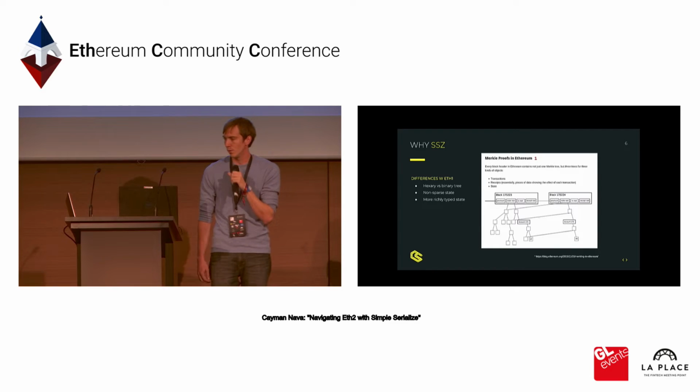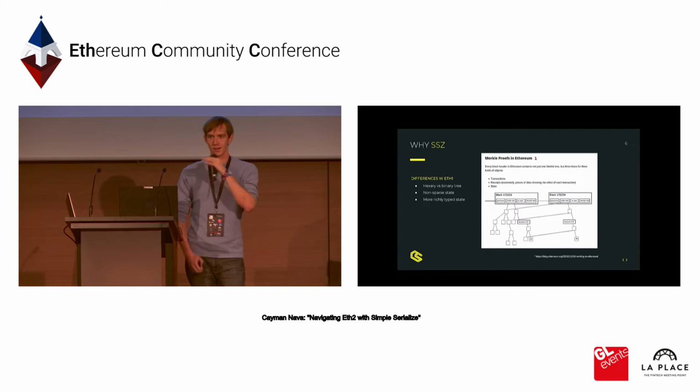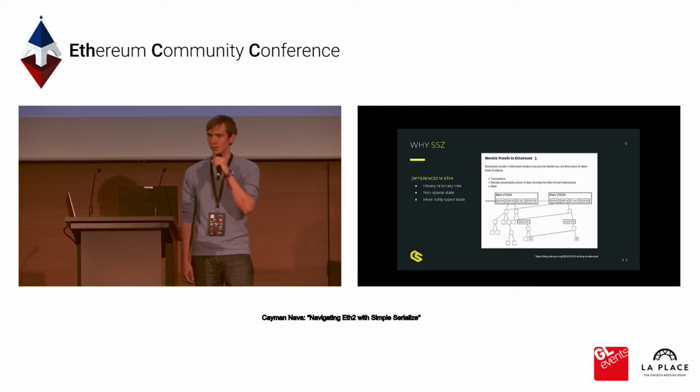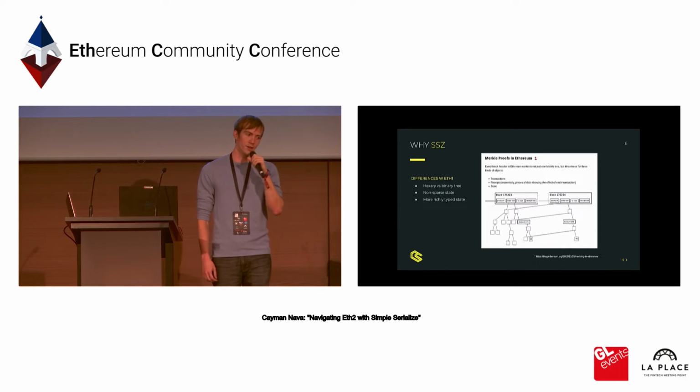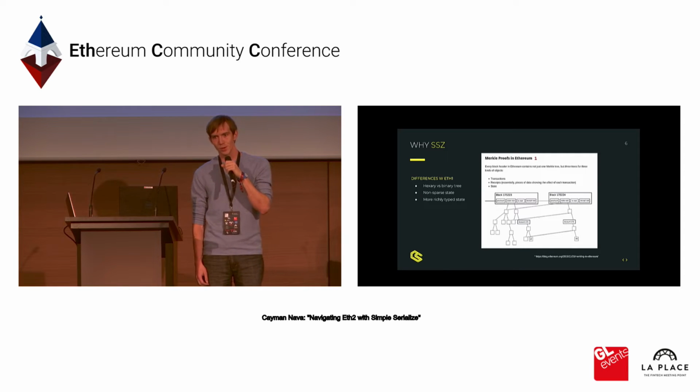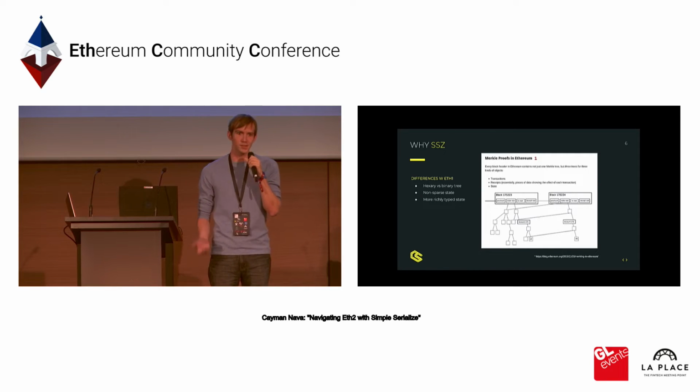So some things that are different between Eth2 and Eth1 with respect to how we're Merkleizing data. One big thing is in Eth1, we're using hexary tries. In Eth2, we're using binary trees. The reason is the proofs are significantly smaller.